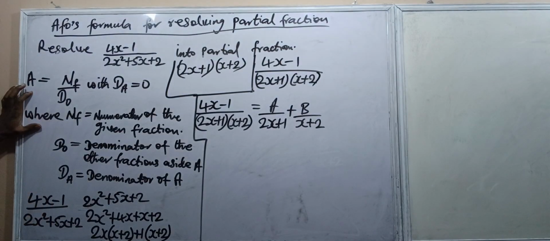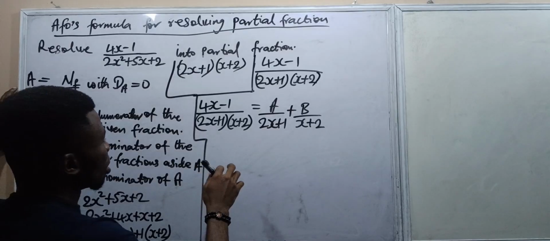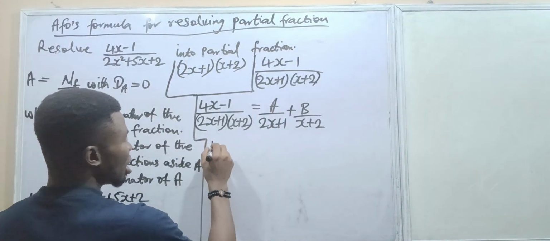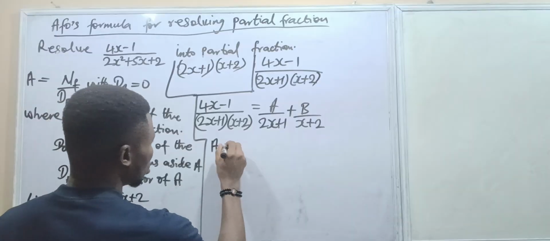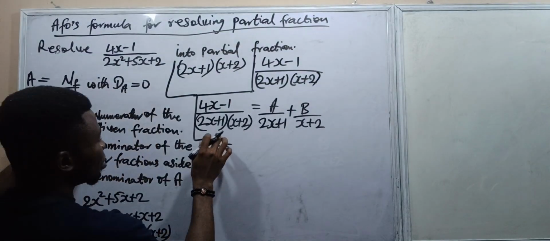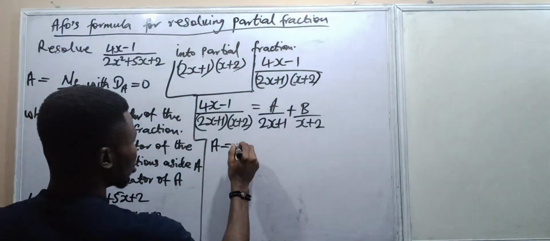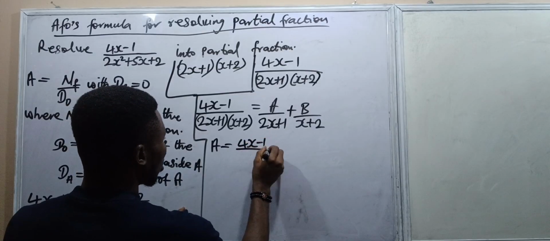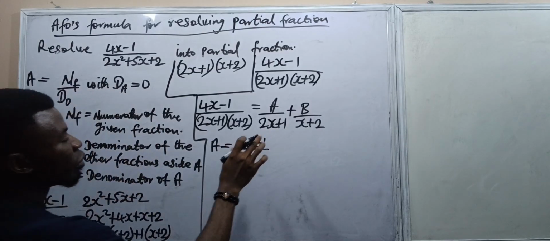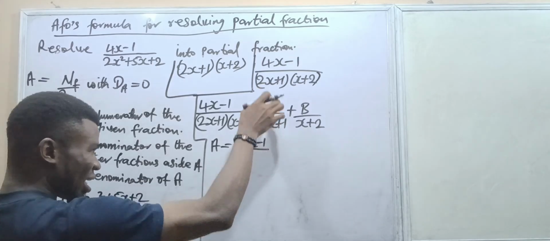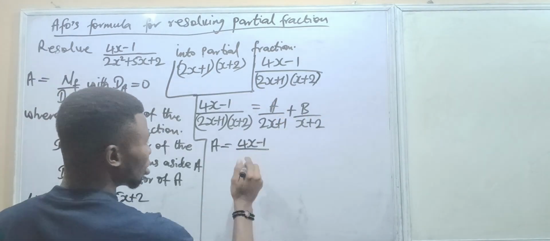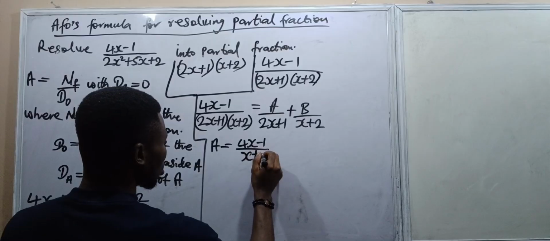Now from AFO'S formula, if you want to get the variable A, A will be equal to the numerator of the given fraction, which is 4x minus 1, all over the denominator of the other fraction aside A. The other fraction is this, so its denominator is x plus 2.